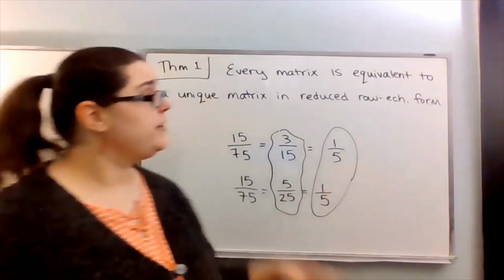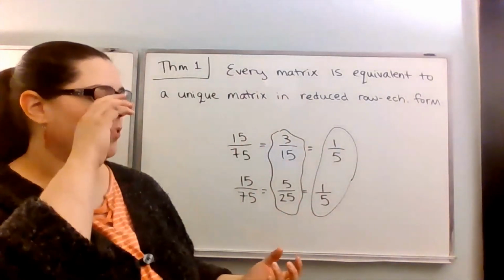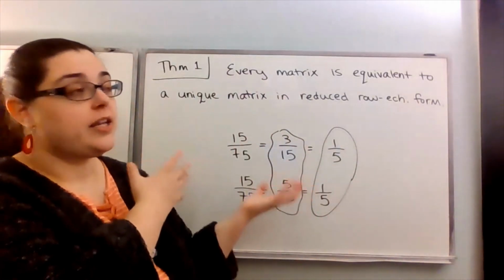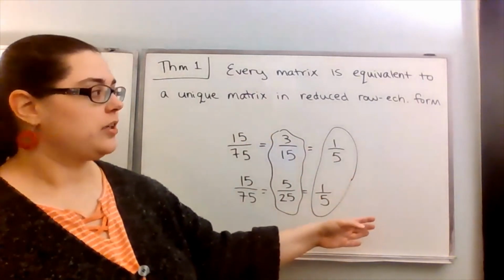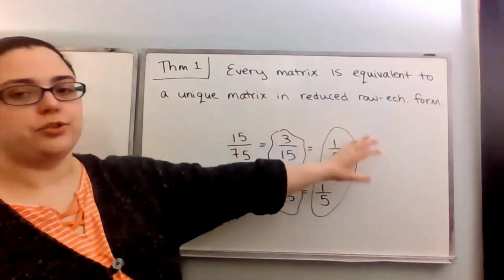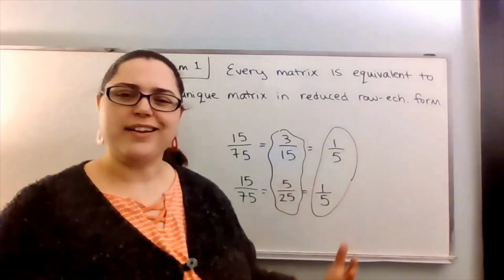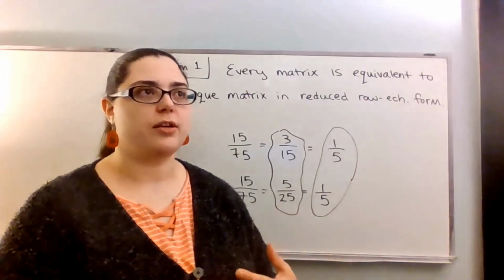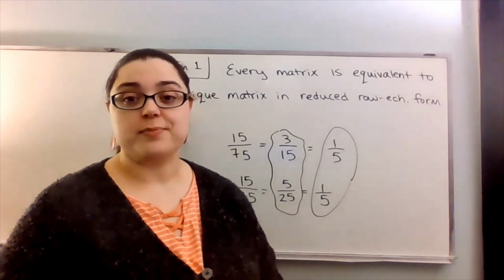So for instance, this theorem is one thing that's interesting about our matrices. They all can be reduced, just like a fraction can be reduced to a unique simplest form fraction. Our matrices can be reduced to a unique reduced row echelon form. That's nice. But are there any other properties or things that we should be keeping our eye out for when we're working with our matrices?